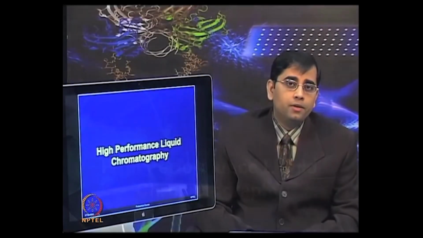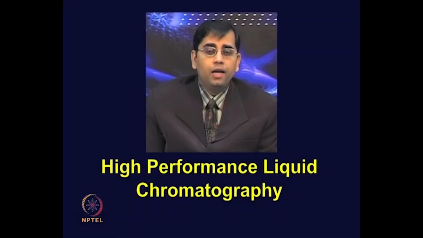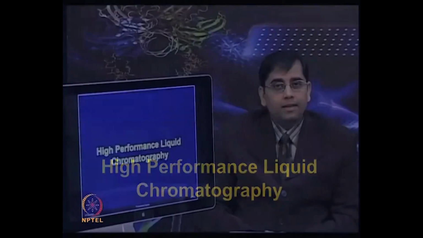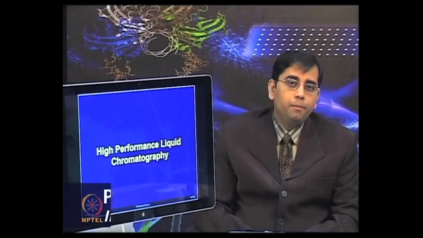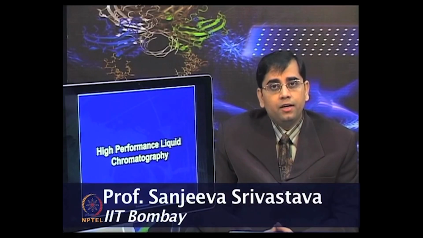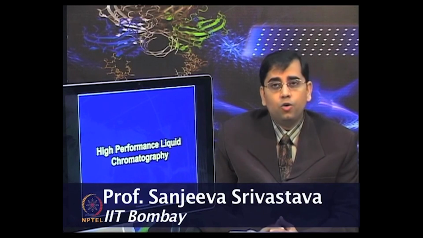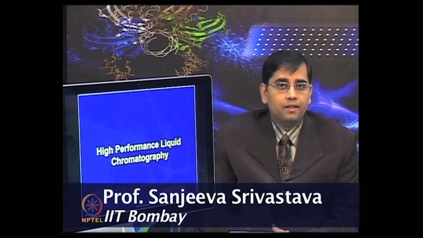Let us now talk about high performance liquid chromatography, HPLC. HPLC is a separation technique that separates molecules based on their differential adsorption and desorption between the stationary phase matrix in the column and the mobile phase.